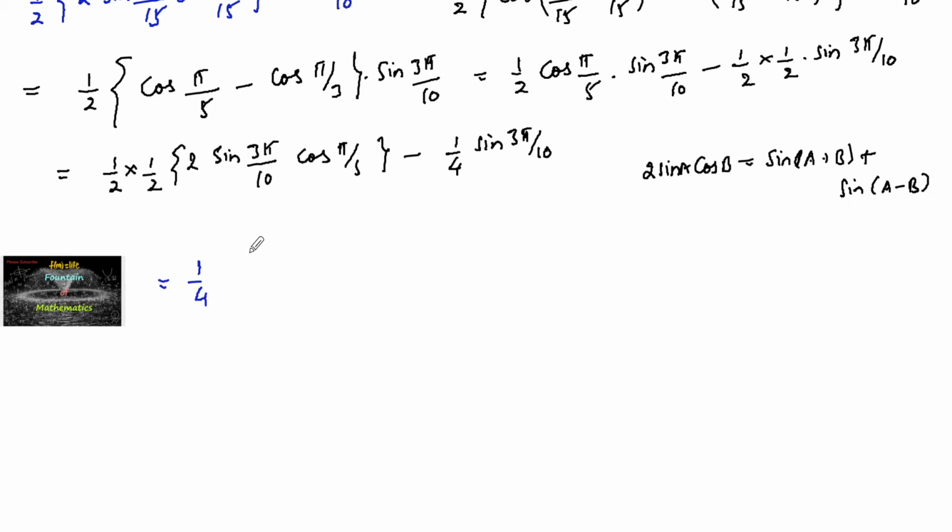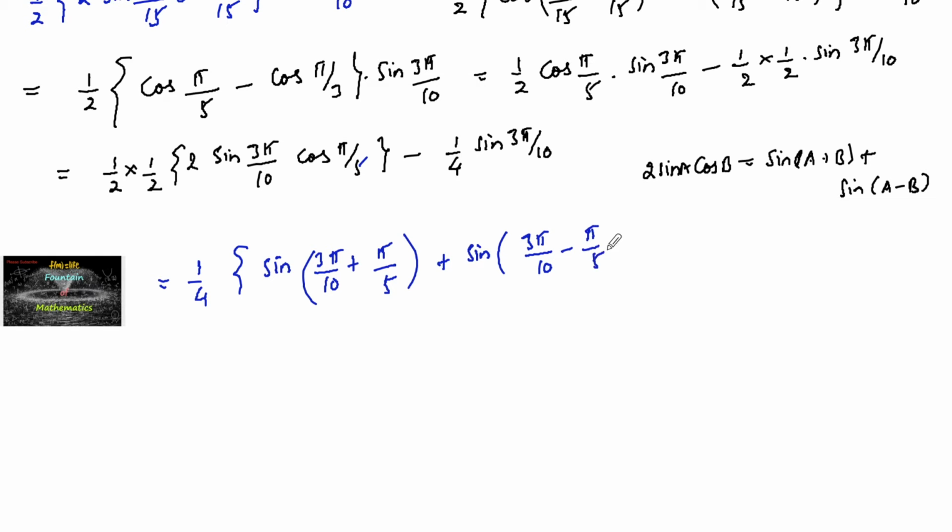So 1 by 4 times sin of A plus B, that is 3 pi by 10 plus pi by 5, plus sin A minus B, that is 3 pi by 10 minus pi by 5, minus 1 by 4 sin 3 pi by 10.